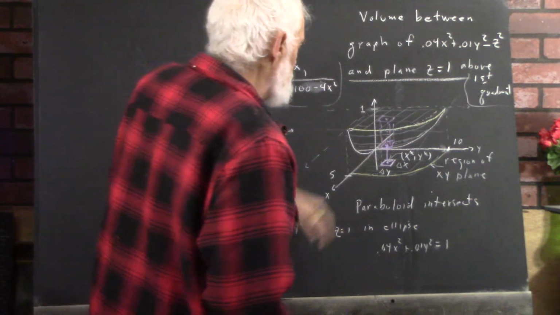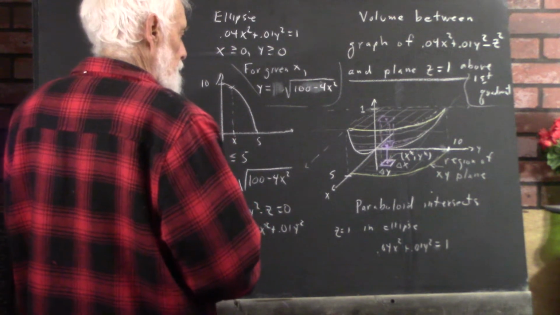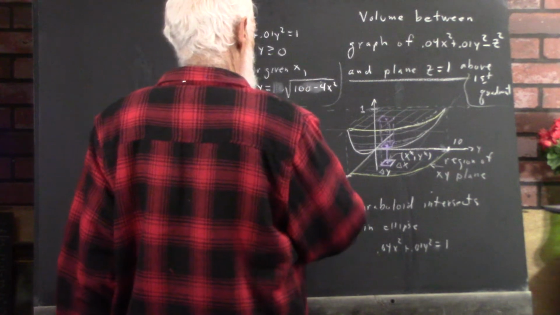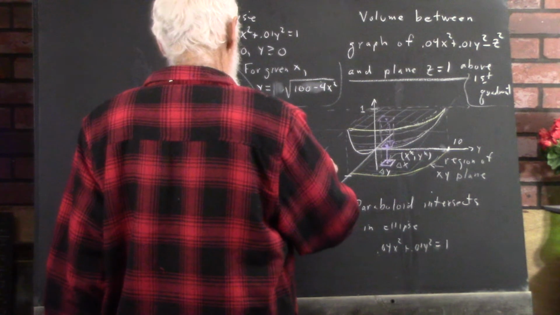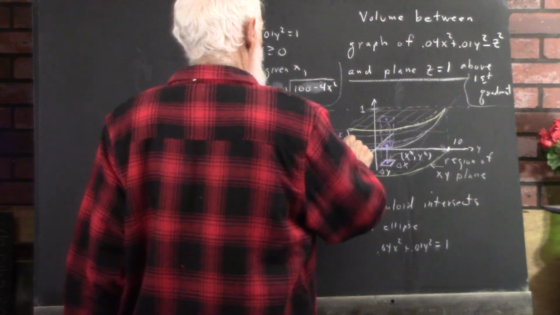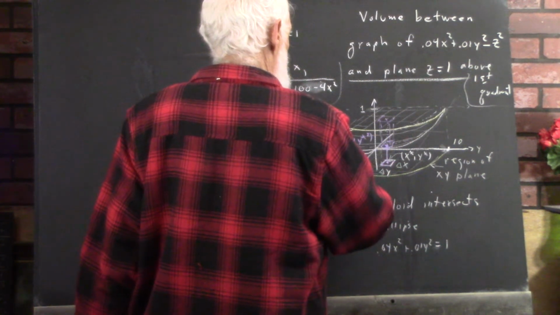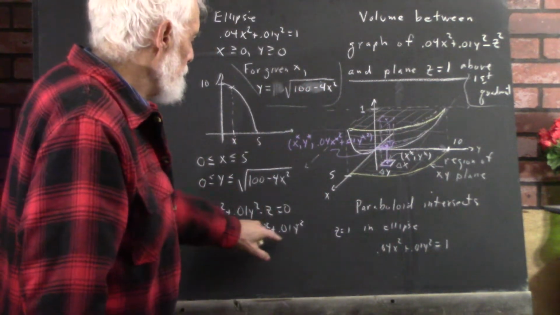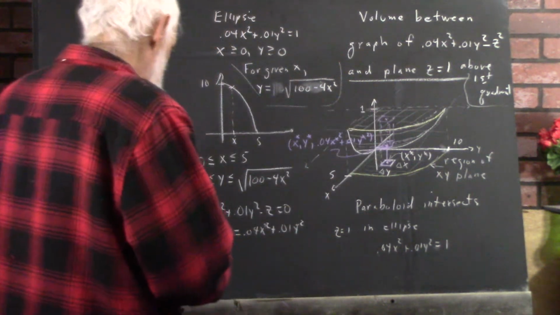So the coordinates of this point are these. So z goes from this coordinate up to the coordinate here, which is 1.